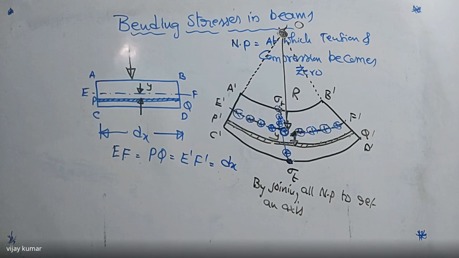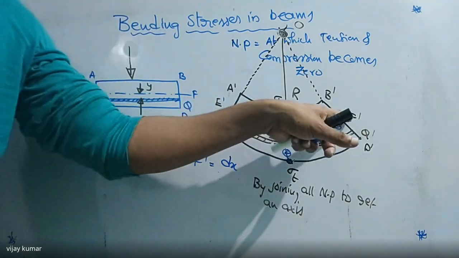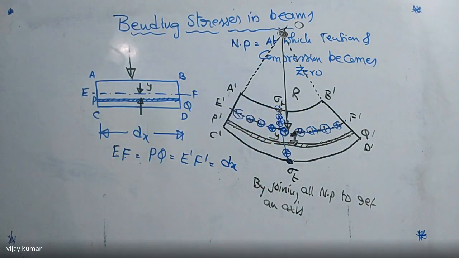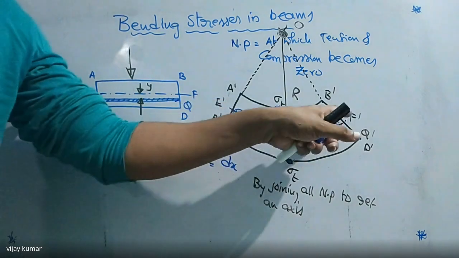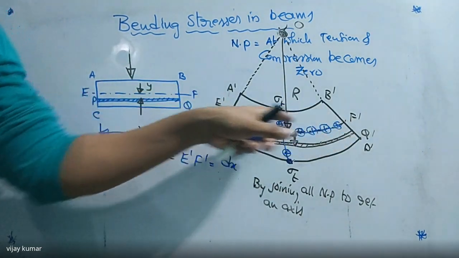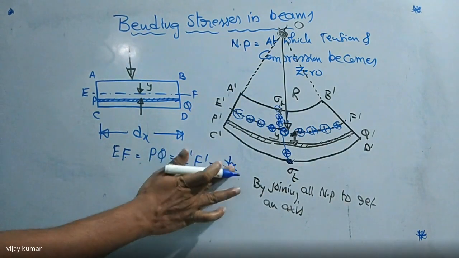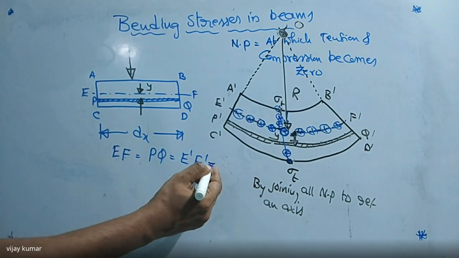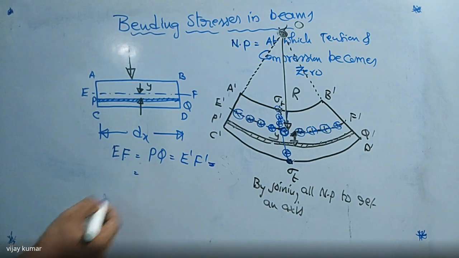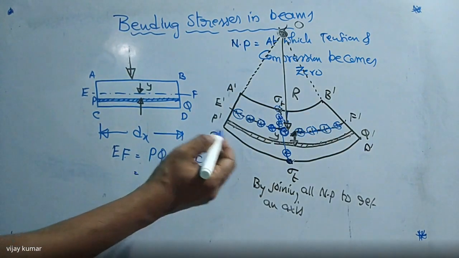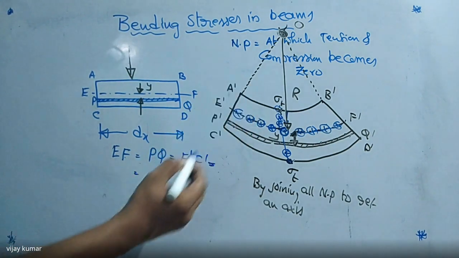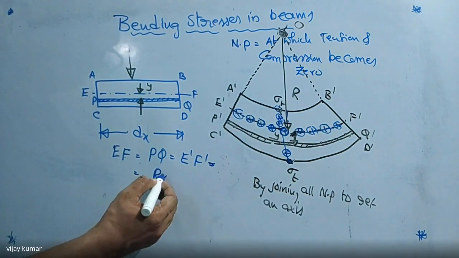But here, E dash F dash is in the form of an arc now. So I want to find the arc length. So here I am writing, E dash F dash is equal to R theta, R into theta.